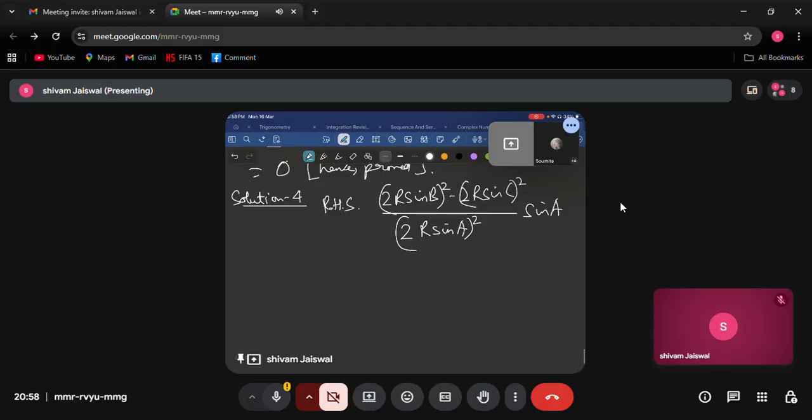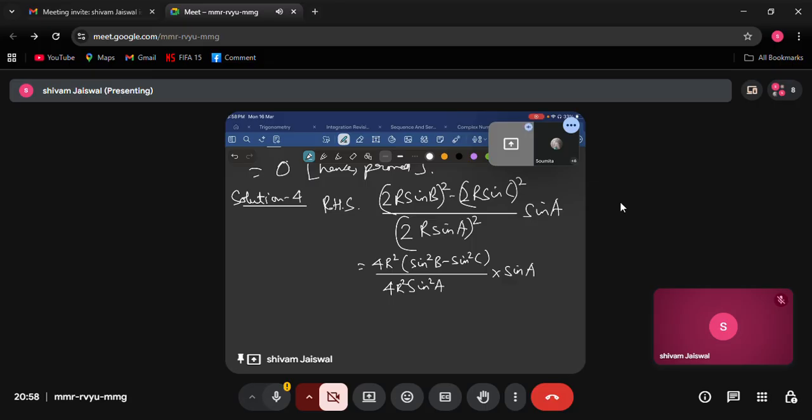Okay, so this will become 4r square into (sine square b minus sine square c) upon 4r square sine square a, into sine a.